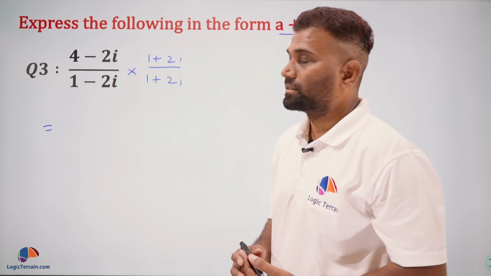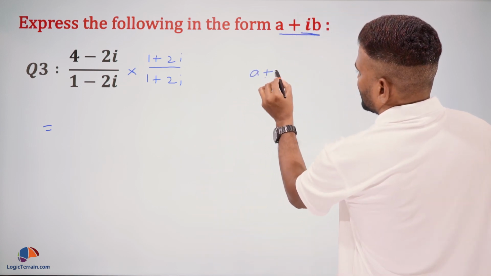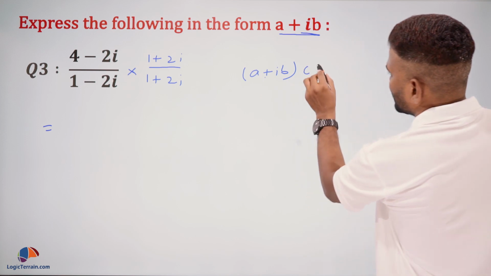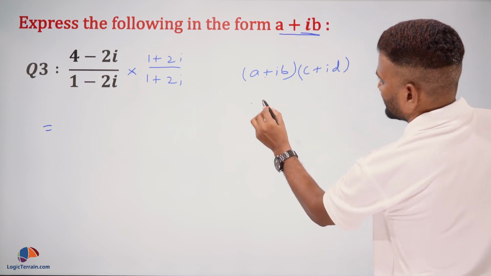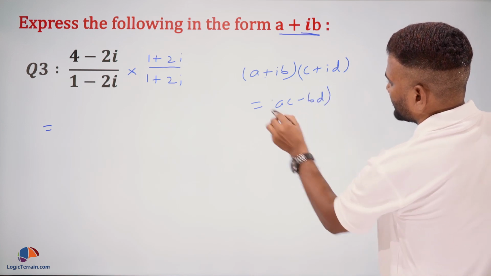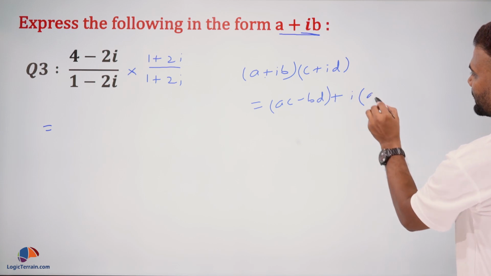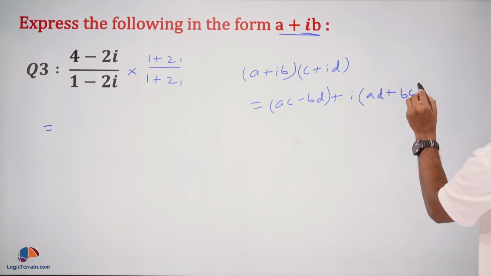By using the product rule, that is (a plus ib) into (c plus id) is equal to (ac minus bd) plus i into (ad plus bc).